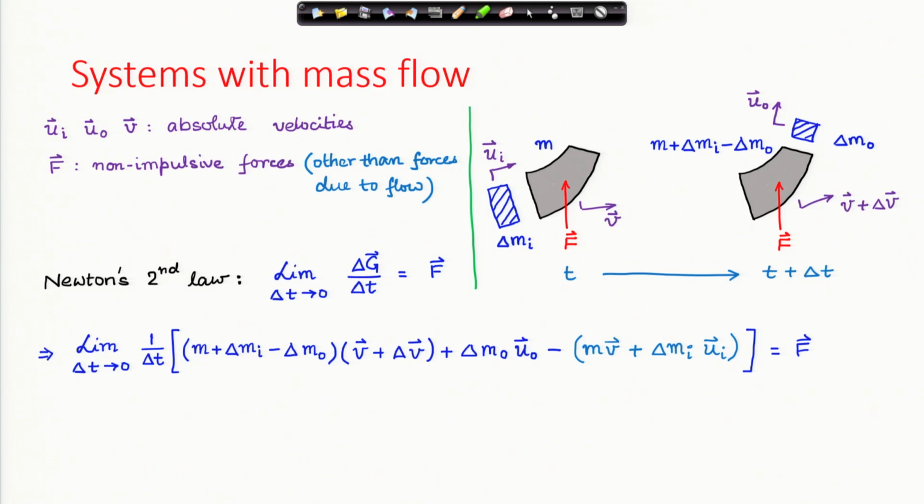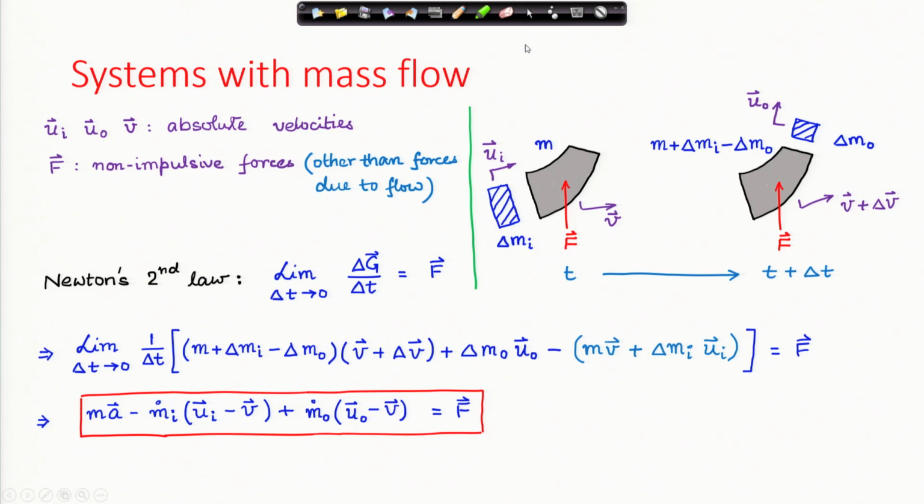What are second order terms? For example, the product of this and this will be second order because delta t goes to 0. Therefore, these second order terms can be neglected. If I do all these algebraic manipulations and simplifications, I will finally arrive at this equation, and you should be able to derive this. You should try and derive this expression.